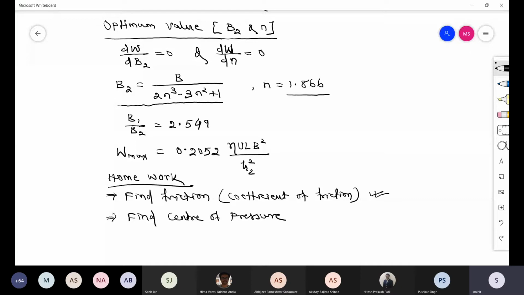So these two, you solve for these two as home assignment in that tutorial notebook that I asked for last class.